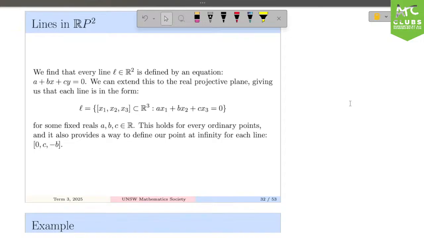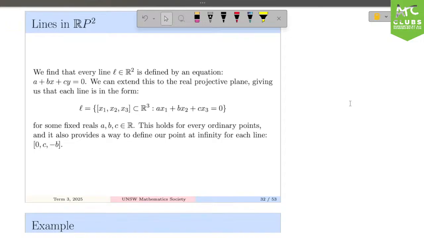And with this definition, we can now get the actual coordinates of a point that is on the ideal line for any given two parallel lines, because if we have two parallel lines, we'll be able to represent one of them as a plus bx plus cy is 0, and one of them will be a prime plus bx plus cy is equal to 0, notably both with the same values of b and c.